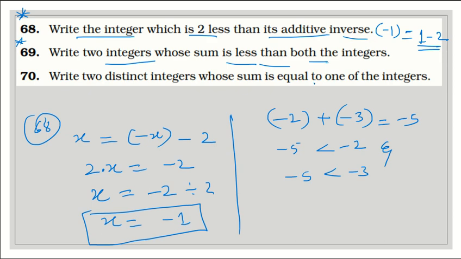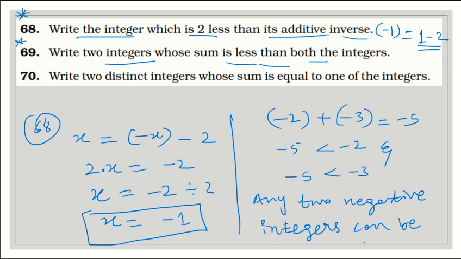Therefore, any two negative integers can be taken. So, this is question number 69.